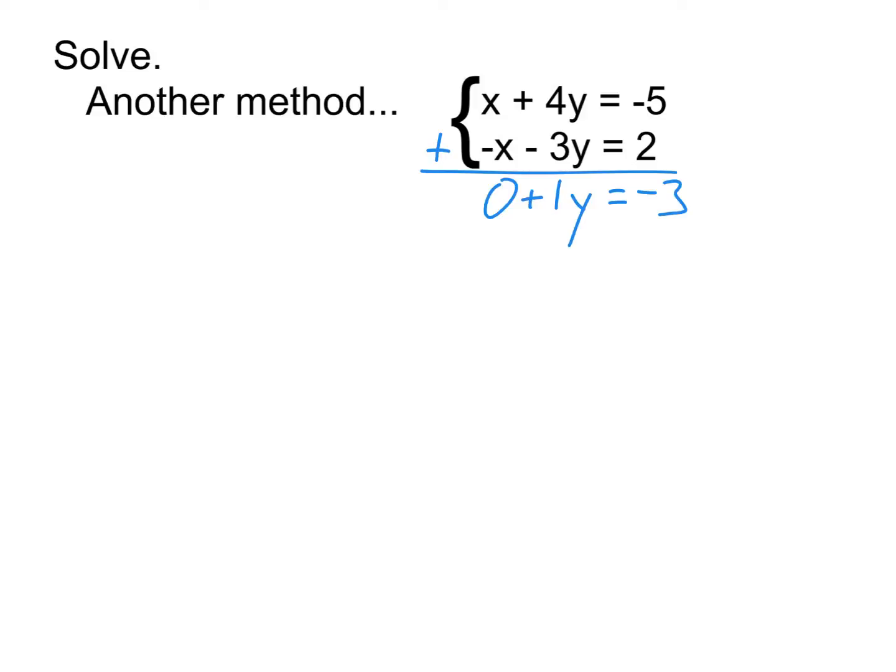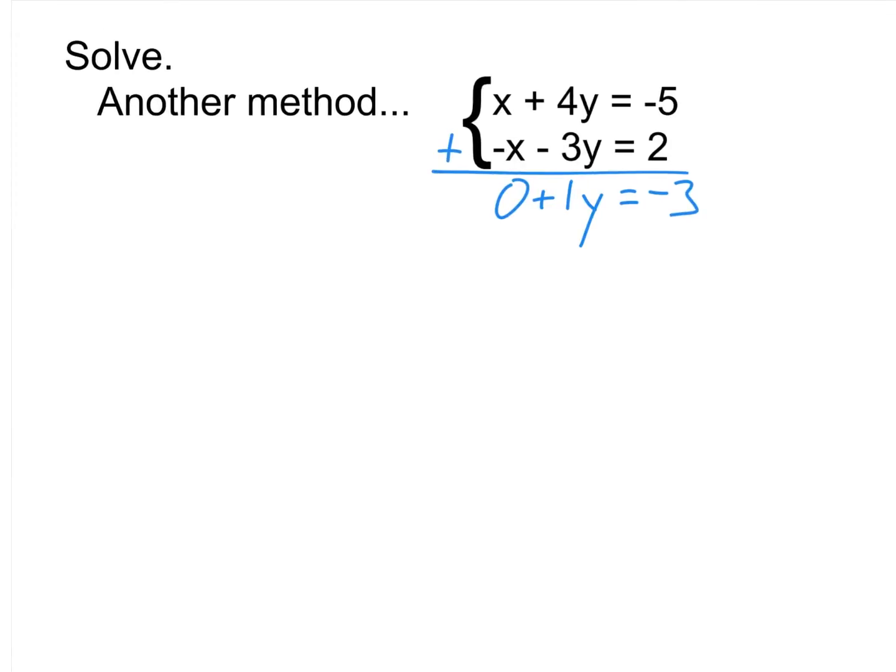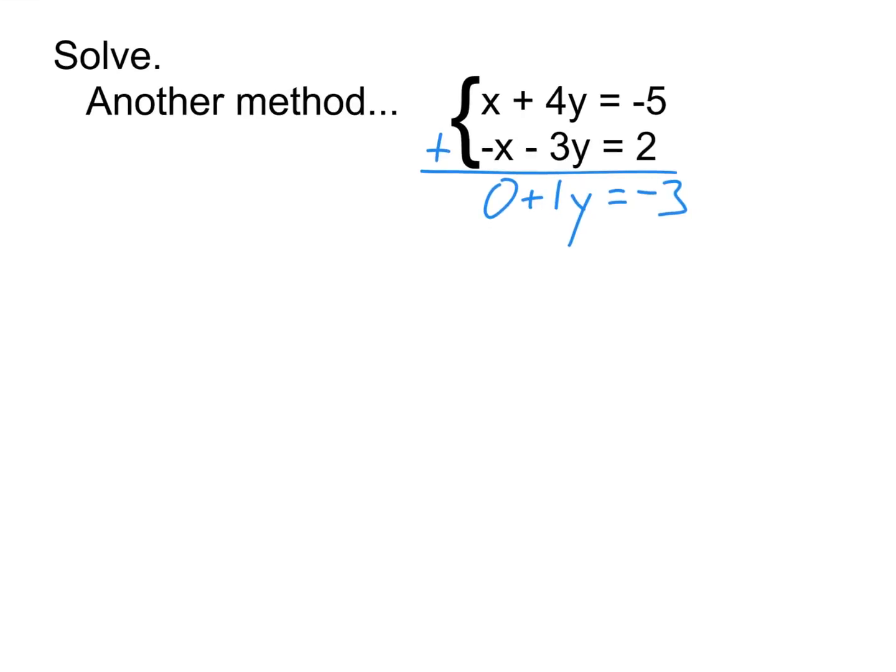Now, I've written this out a longer way than I would expect you to write it. And I don't want you to necessarily have to write all this stuff out for this addition, because what's a shorter way, for instance, to write 0 plus 1y? Just 1y, because 0 plus anything is just itself, so I don't really need to write the 0 in there. So we can go ahead and take that out.